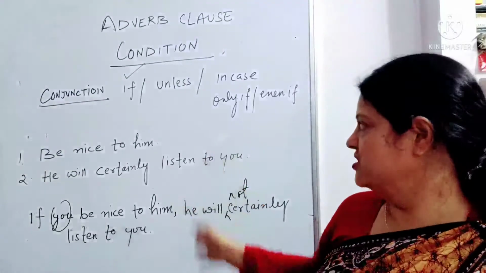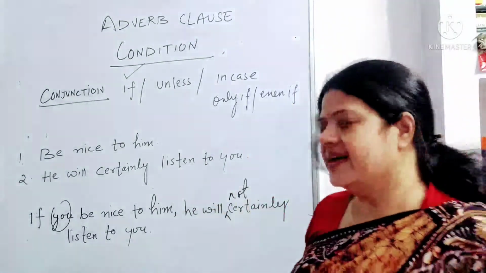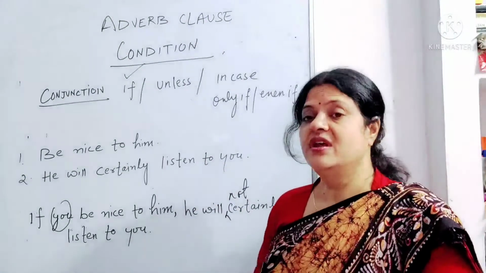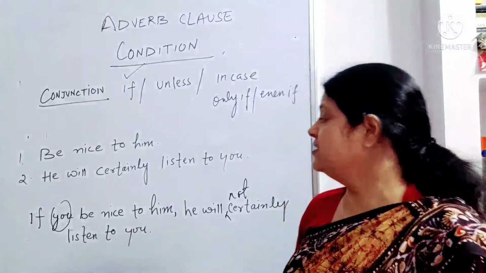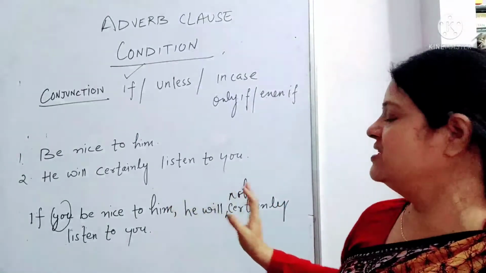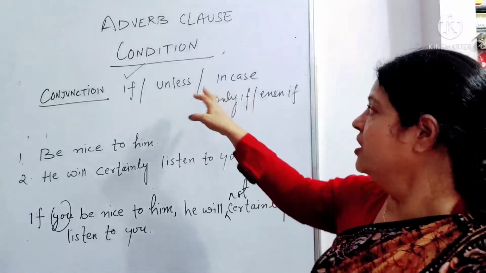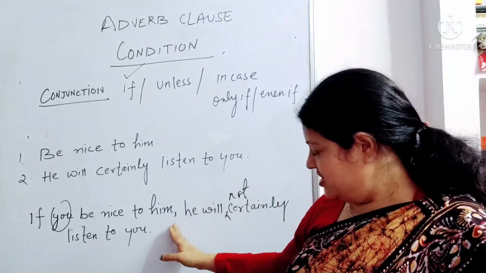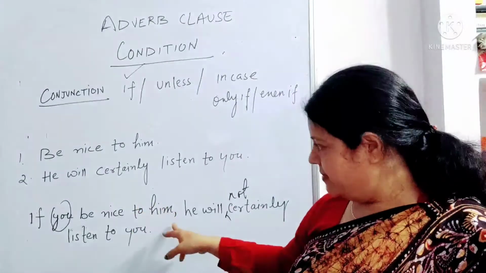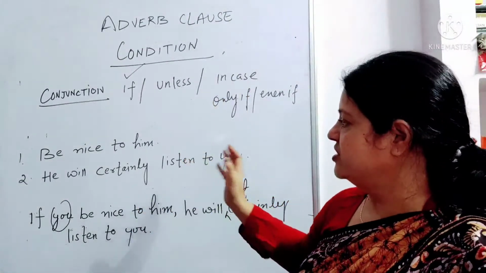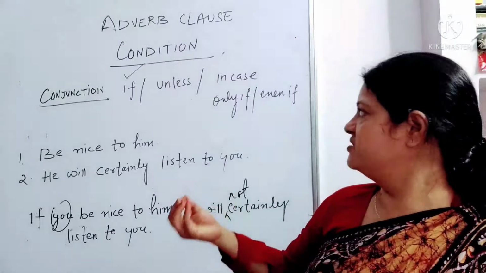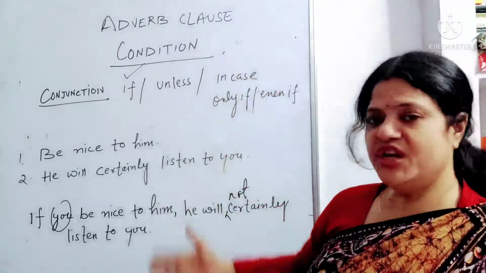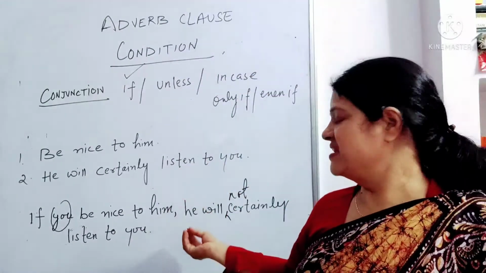So these are the rules. But one thing you must remember, that when we are adding this type of sentences by using an adverb clause of condition, the first sentence, the one which is showing condition, will always be in present tense.